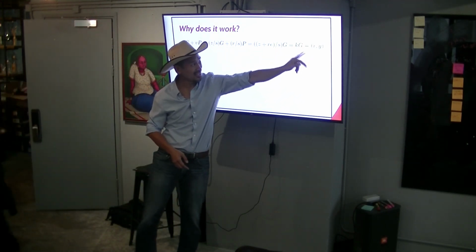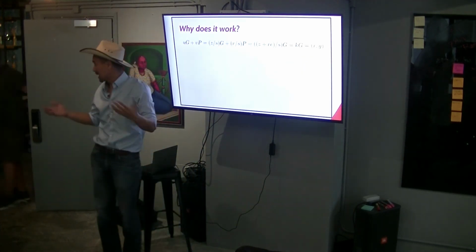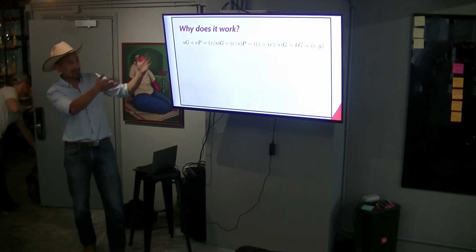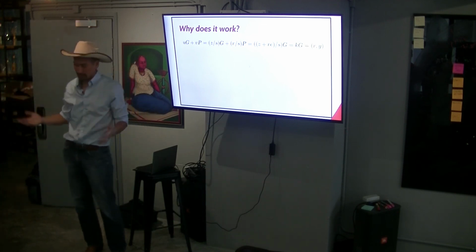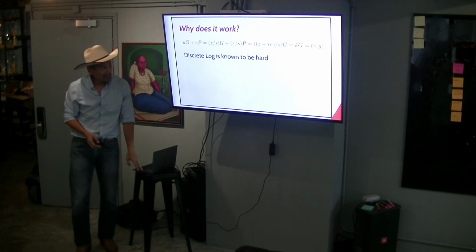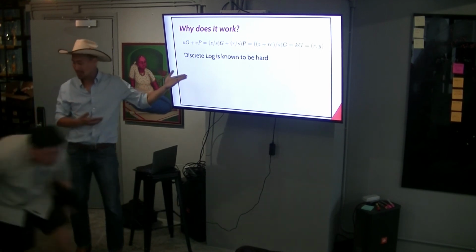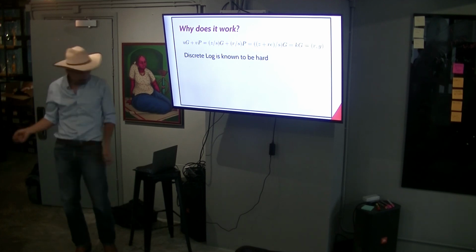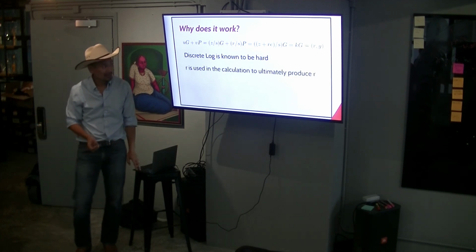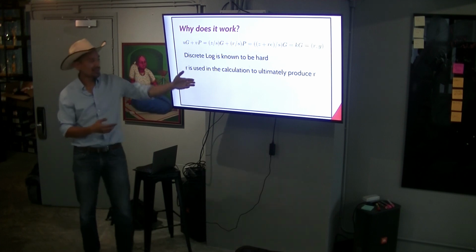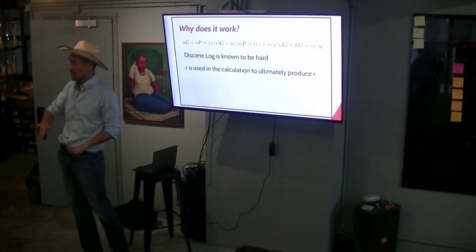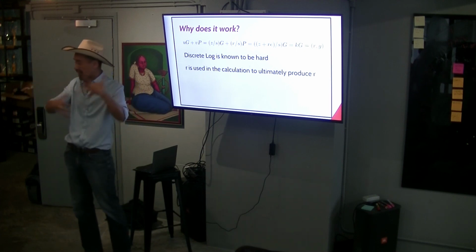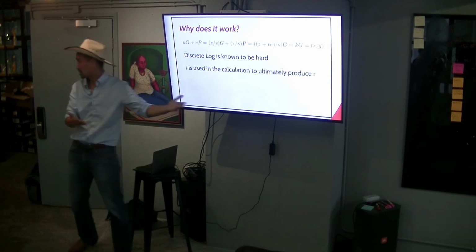And KG, by definition, has R as the x coordinate. So the whole thing works out from a mathematical standpoint. And it works because discrete log is known to be hard. That's the assumption that we're making in ECDSA. And R is used in the calculation to ultimately produce R again, which lets you know that you are able to manipulate this sum, more or less.